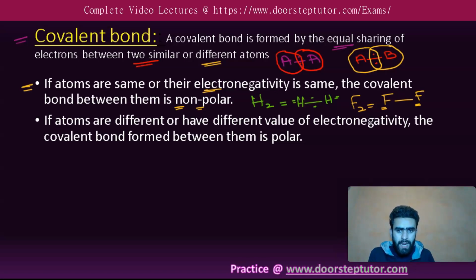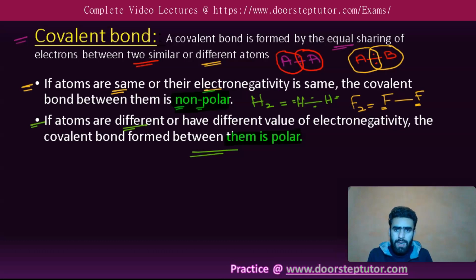So the rule is that if the two atoms are the same and possess the same electronegativity value, then that bond will be non-polar in nature. The other rule is that if the two atoms are different, that is, if they possess different electronegativity values, then the covalent bond between them will be polar in nature.